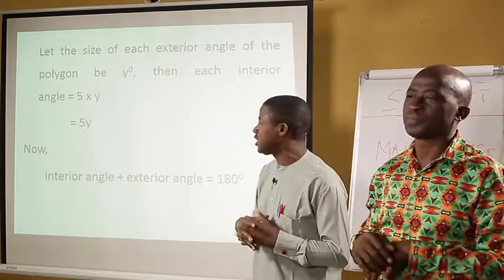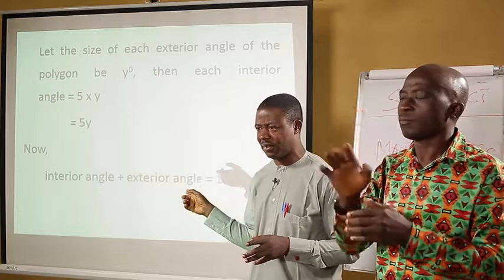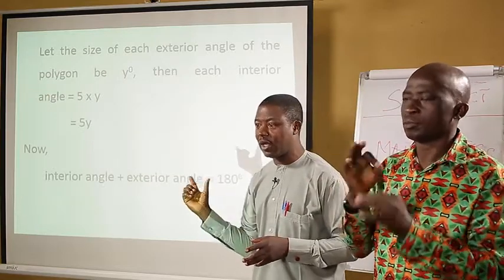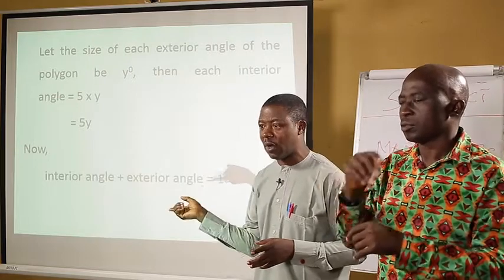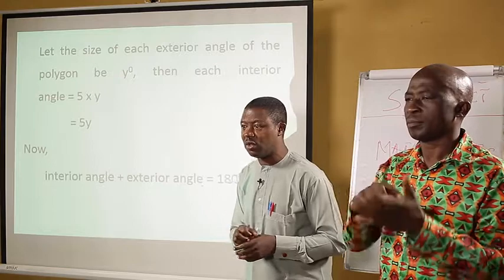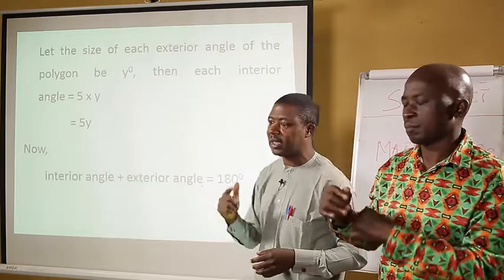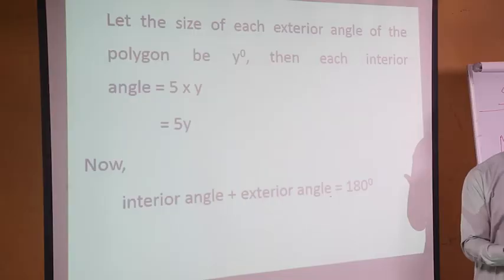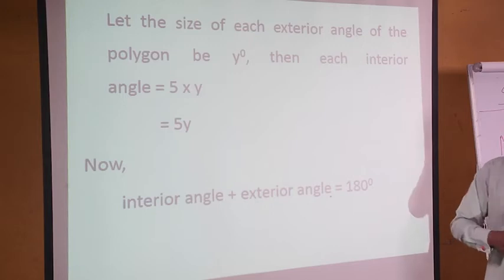Then each interior angle will be 5 times the exterior. So if the exterior is y, the interior will be 5y. The good story here is the polygon is a regular polygon.